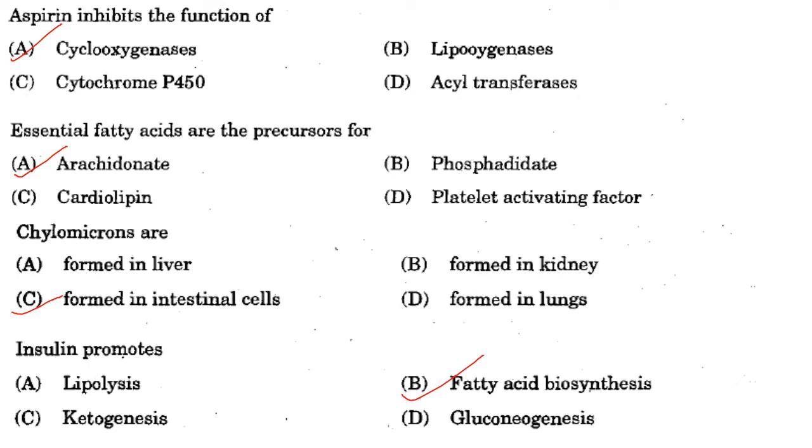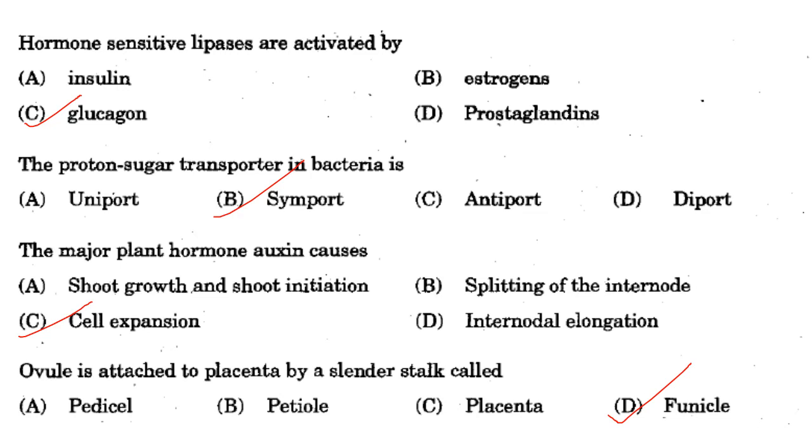So answer is option B. Then next one, hormone sensitive lipases are activated by glucagon. Answer is option C. The proton sugar transporter in bacteria is a symporter. Answer is option B.